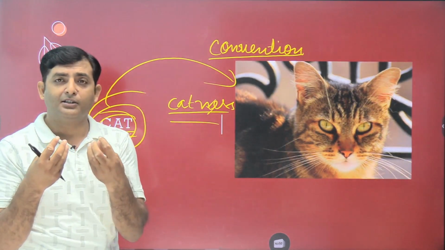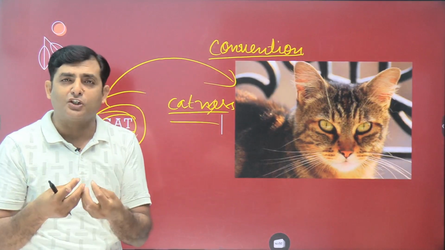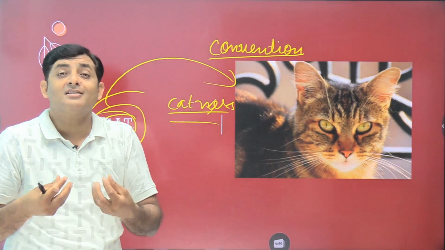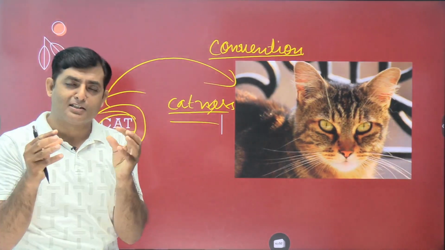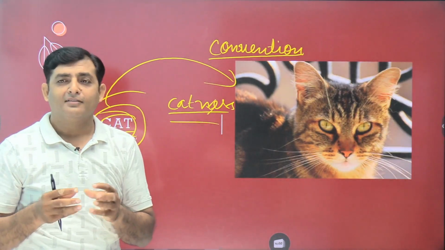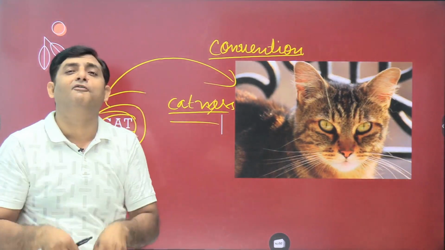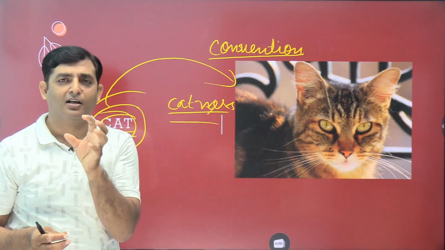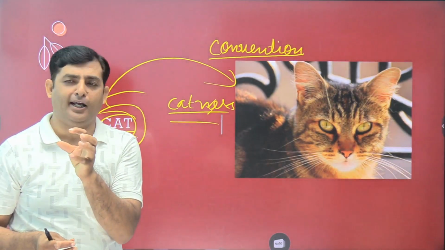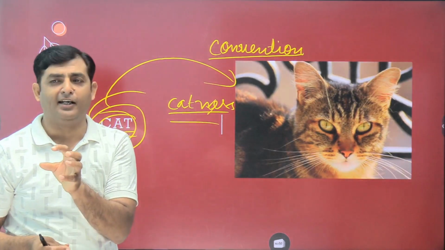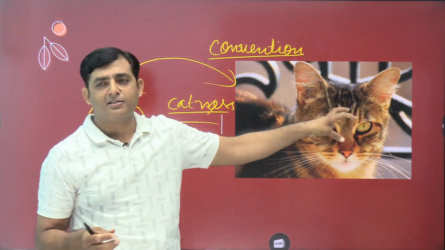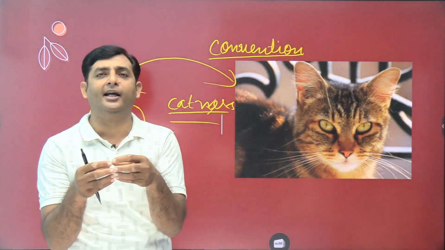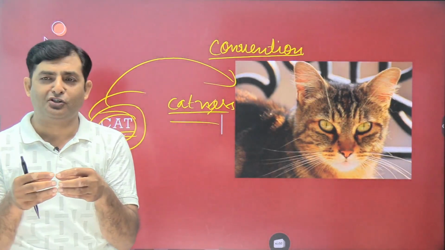The signifier is the word, the speech, the pronunciation, the sound that we make. The signified is the concept. When you say cat, cat is just a signifier, and the signified is this image. The signifier and the signified are related arbitrarily.